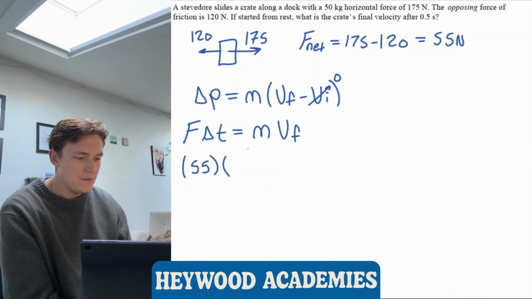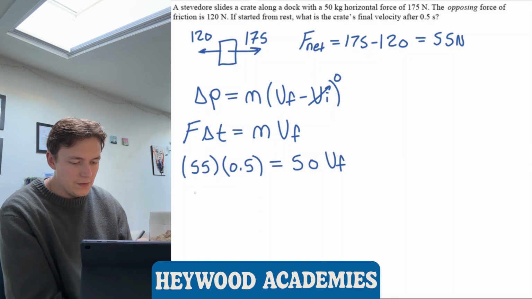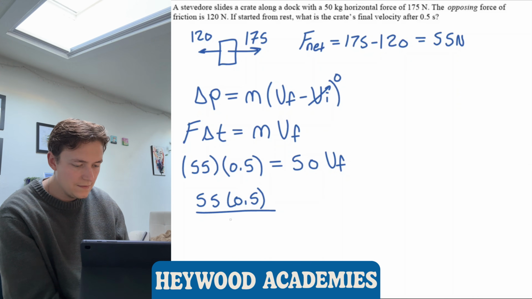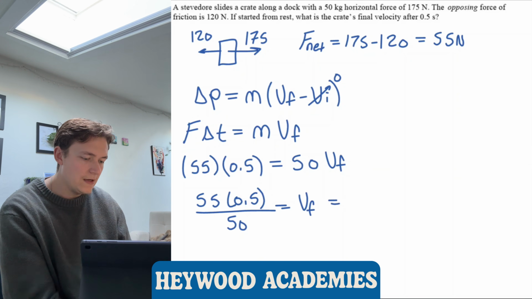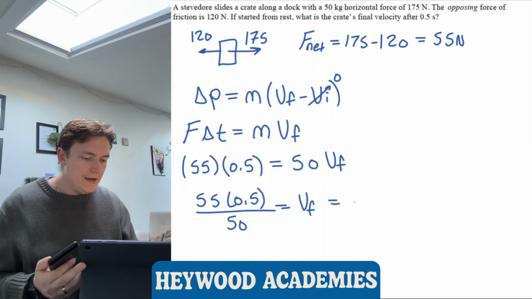We've got the time of 0.5, and then the mass of the object is 50, and the final velocity is what we're solving for. So we've just got to take 55 times 0.5, divide that by 50, and we'll get our final velocity. So you get 0.55 meters per second.